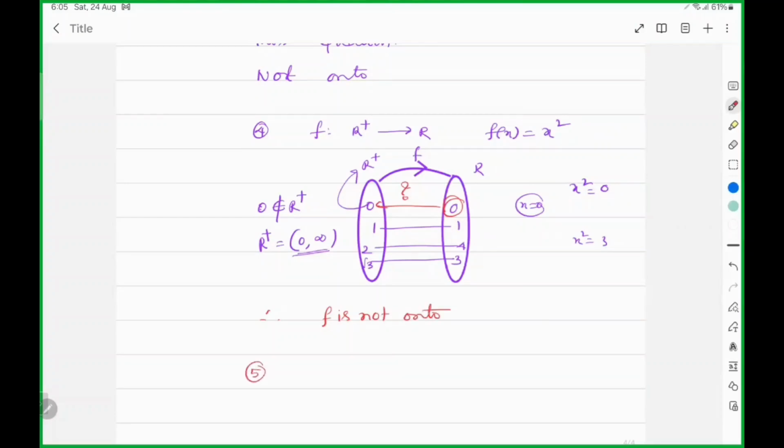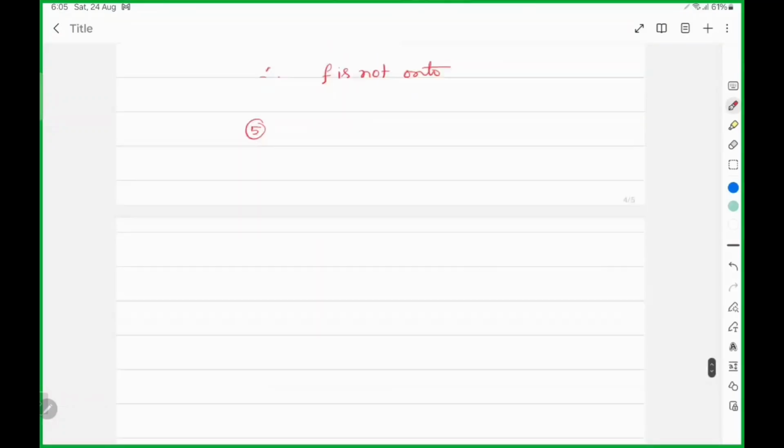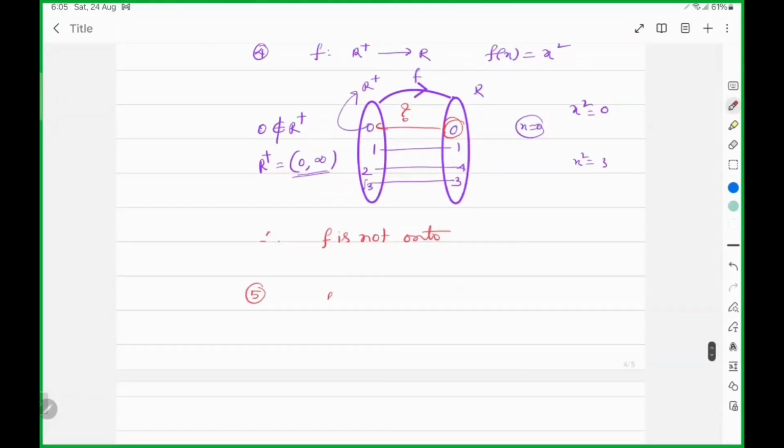So one more example I give. F maps from R plus to R. F of x is log x to the base e. Is f onto is the question.